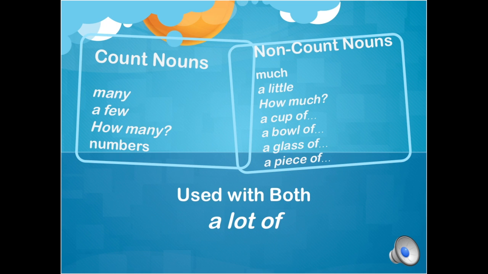With non-count nouns, we can use determiners such as much, a little, or the question word how much, or phrases such as a cup of, a bowl of, a glass of, a piece of. These are quantifying phrases that can be used with non-count nouns. A phrase that is used with both count nouns and non-count nouns is the phrase a lot of.